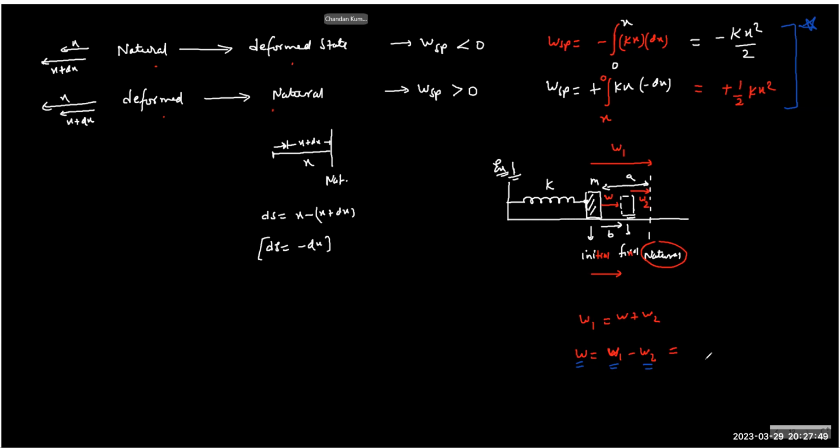What is the movement for W1? You can see the diagram. To reach from the initial to the natural, how much do you have to displace? It is A.